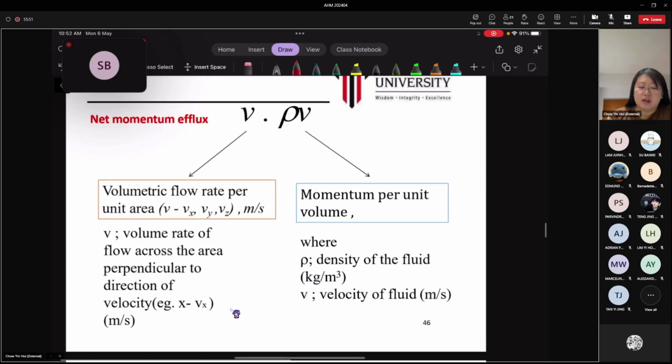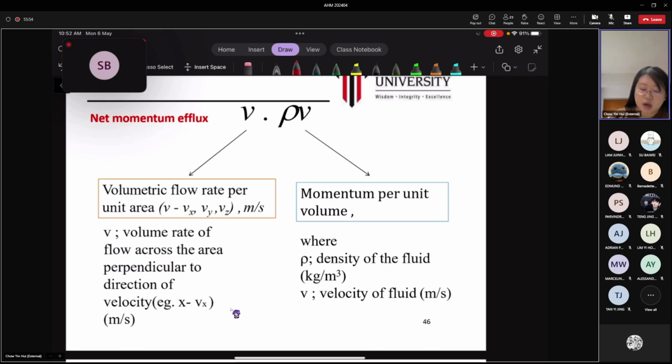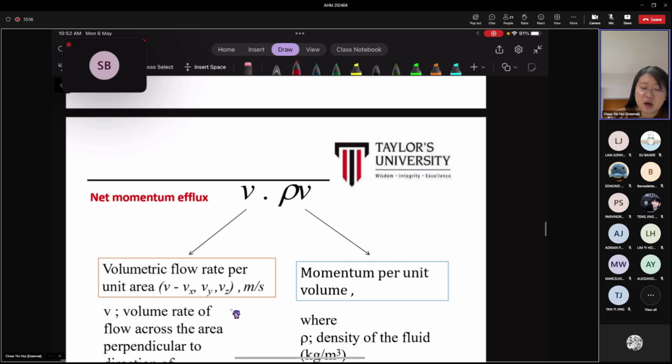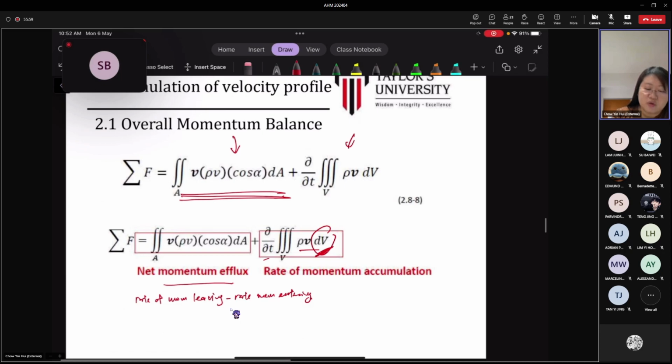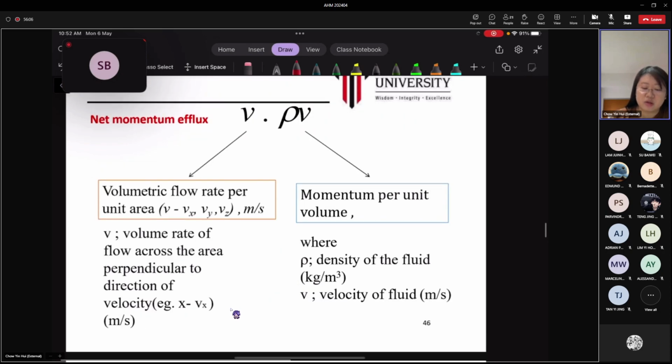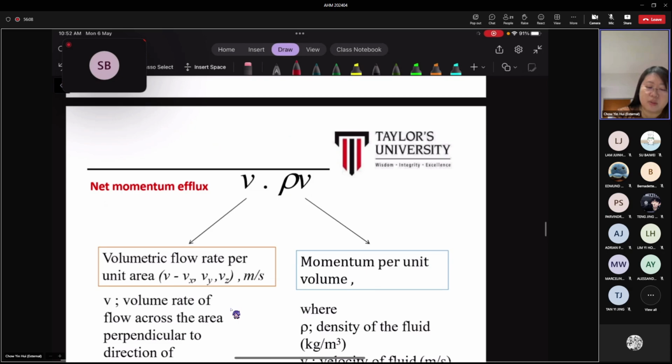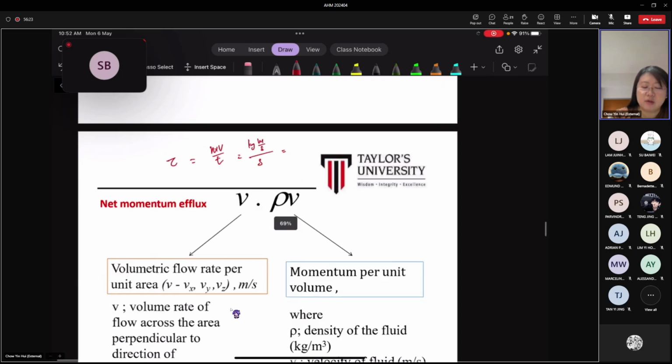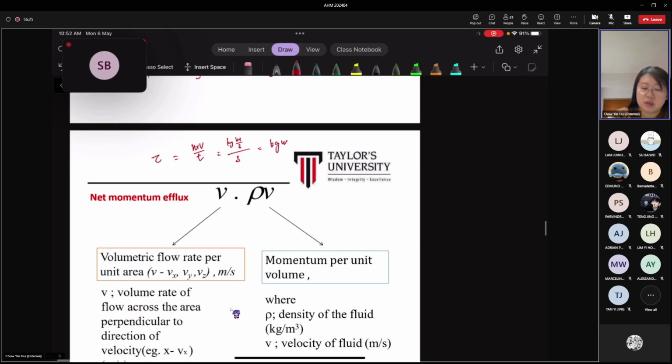Now, this one is just to let you have a clearer idea. Why is it expressed in this form here, V multiplied by density multiplied by the velocity? Eventually it's equivalent to the force. Because if you recall, momentum is mv over time, so kilogram meter per second, and then divide by time. Which means for the shear stress or the momentum flux, it should have the unit of kilogram per meter second squared.